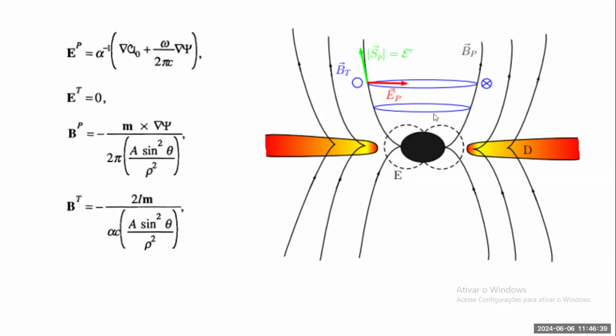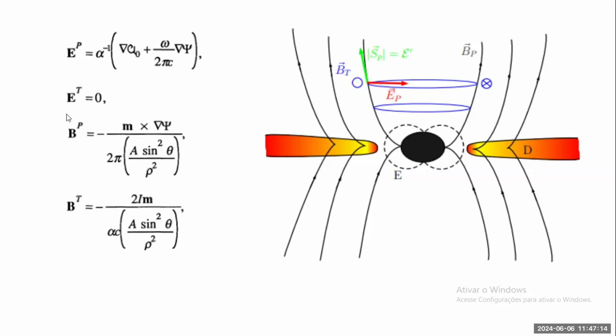And then, as I said, due to the rotation of the black hole inducing a twisting of the magnetic field lines, we have an appearance of toroidal magnetic field lines. Also, of course, we have poloidal electric fields, induced electric fields. So, yeah, the Poynting flux, and this is the main information here.